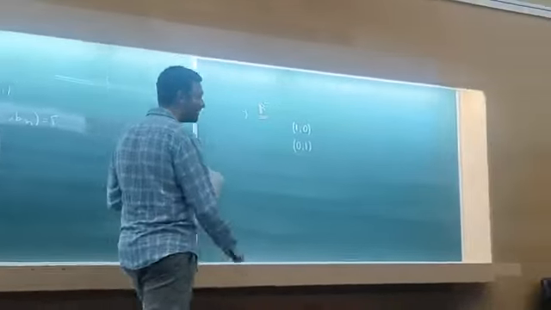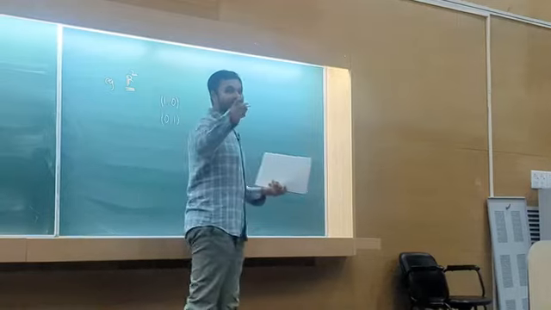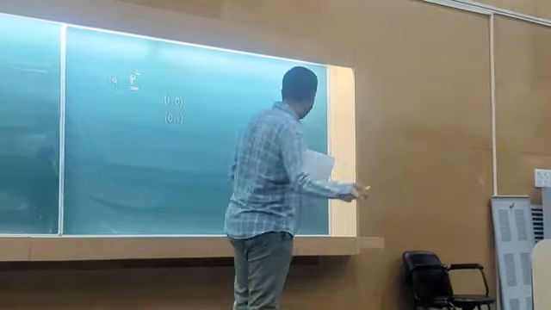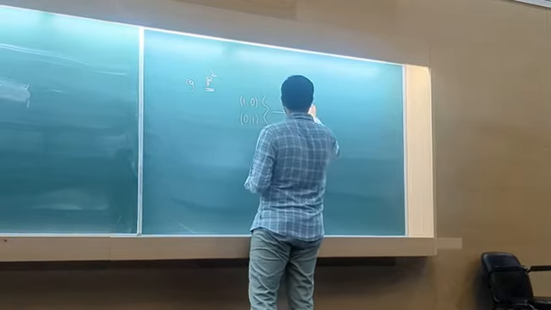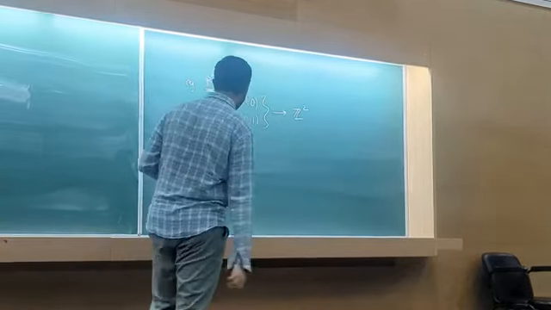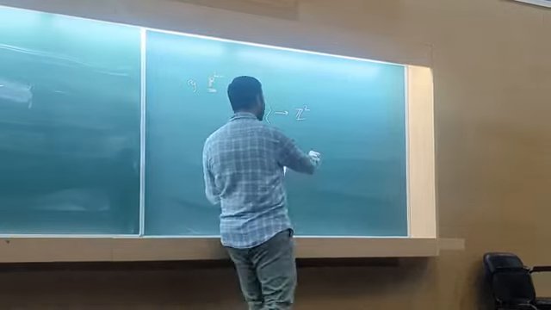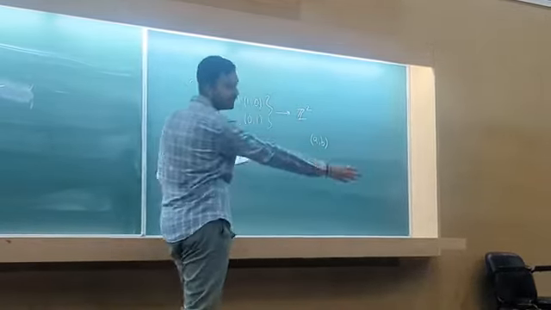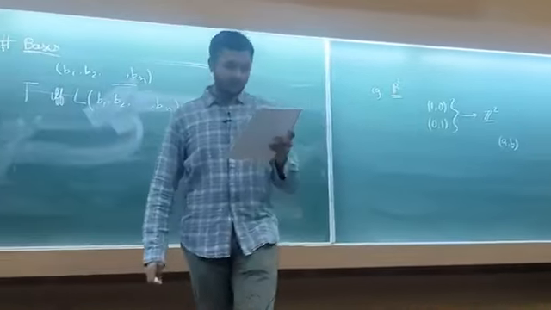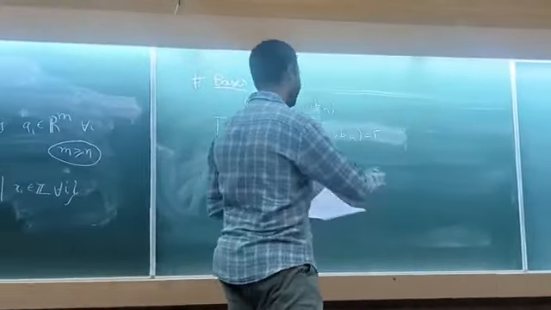R squared is the wrong answer actually. Set of all points with integer coordinates. That is right. So these two, they generate Z squared, the Cartesian product of Z with itself. And it's easy to see because if I want to generate the point (a, b), I just multiply this by a and this by b and add. Right? So this is one example.